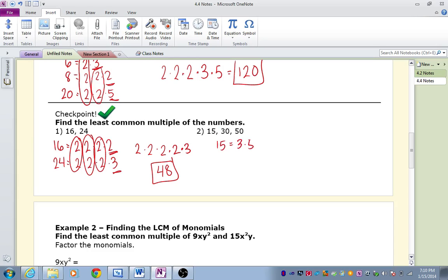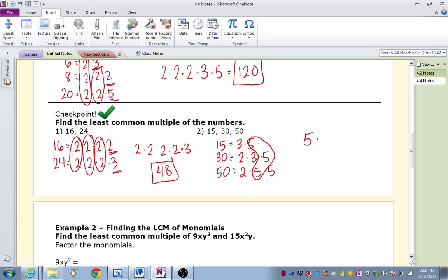15 is 3 times 5. 30 would be 2 times 15, and we just figured out 15 was 3 times 5. And 50 would be 2 times 25, and 25 is 5 times 5. So first we're going to find factors common to all three, and that would be 5.